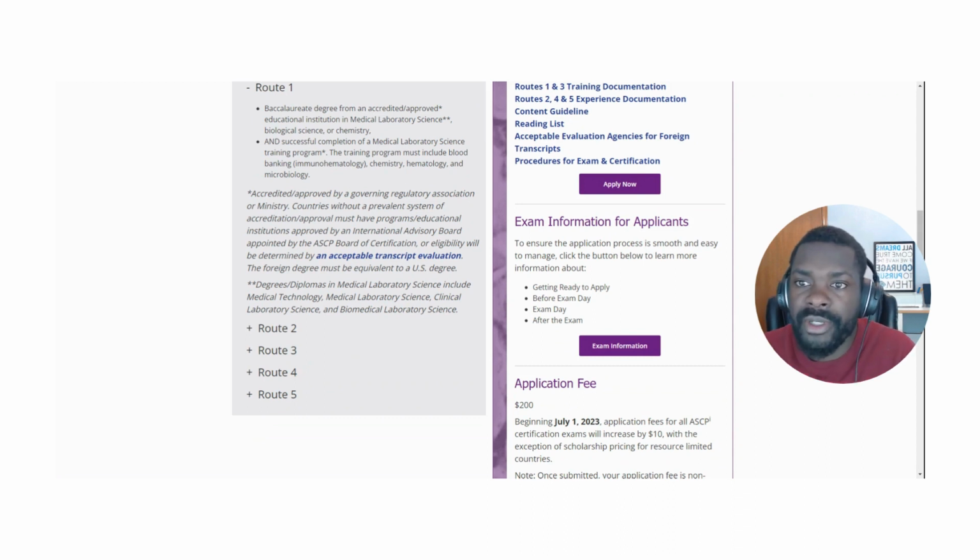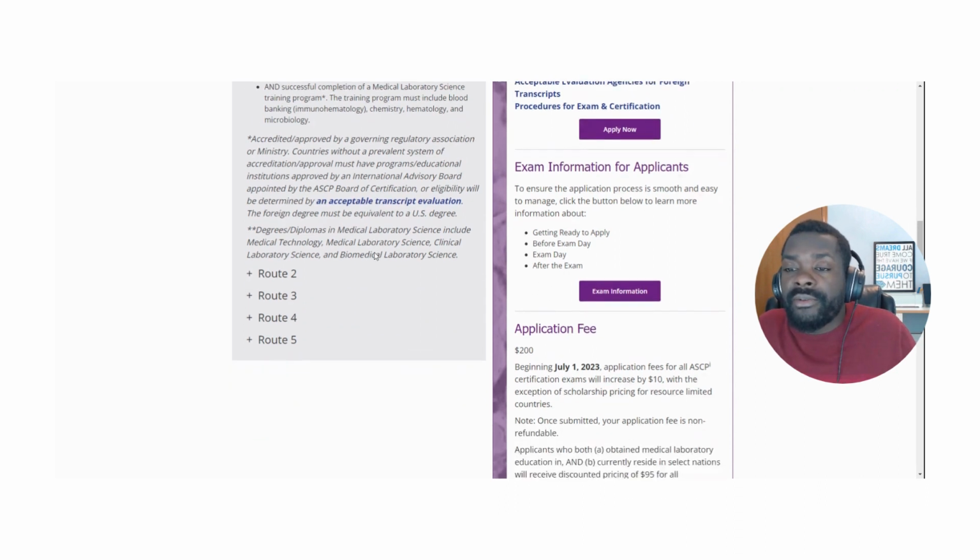So be sure to check in your country and make sure your degree or diploma is in medical laboratory science, clinical laboratory science, biomedical laboratory science, medical technology. So just make sure that it's one of those names. If your program is within those confines, then you qualify through Route 1.